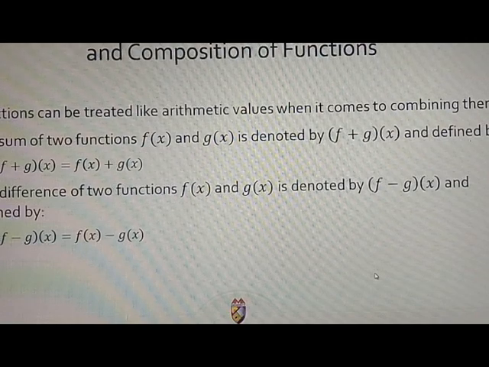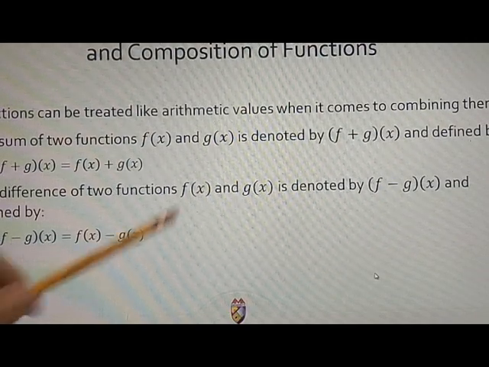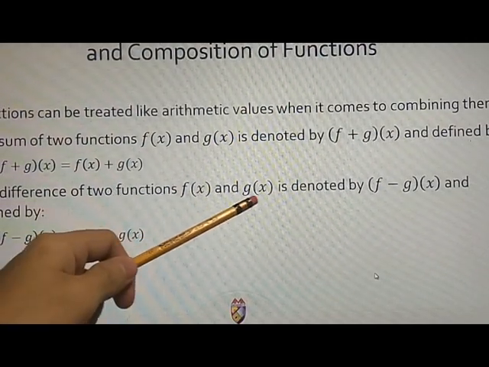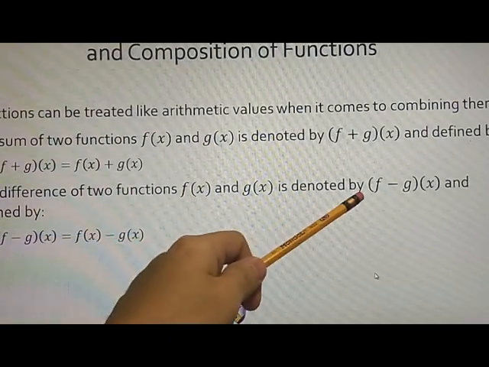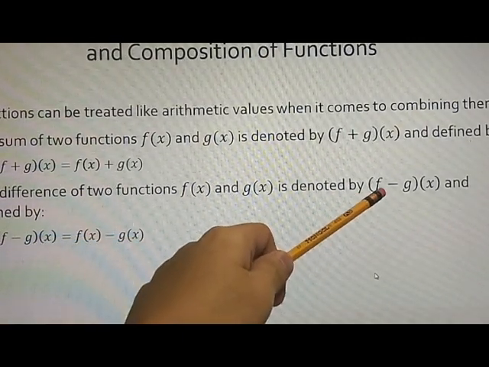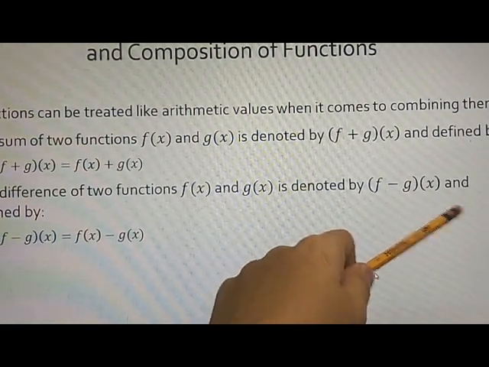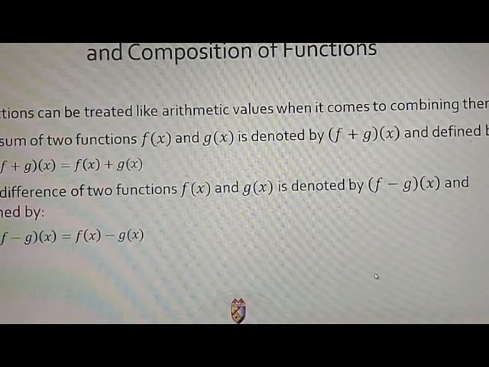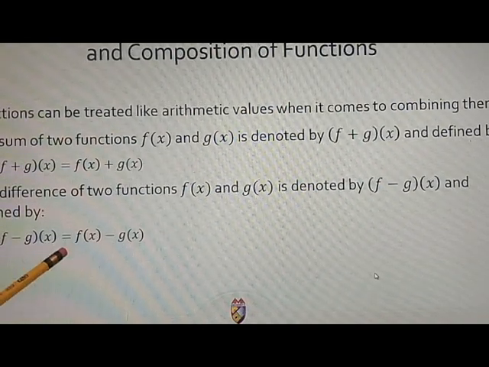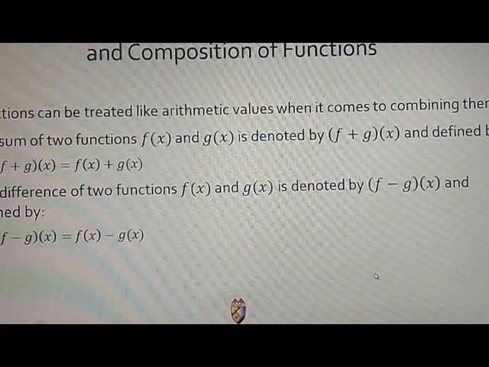Next, the difference of two functions, f of x and g of x, is denoted by f minus g of x, and that is defined by f minus g of x is equal to f of x minus g of x.